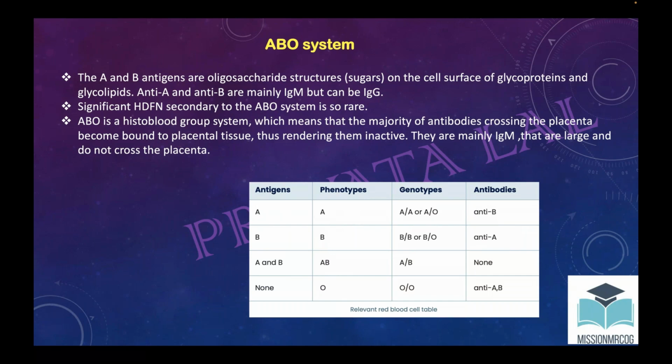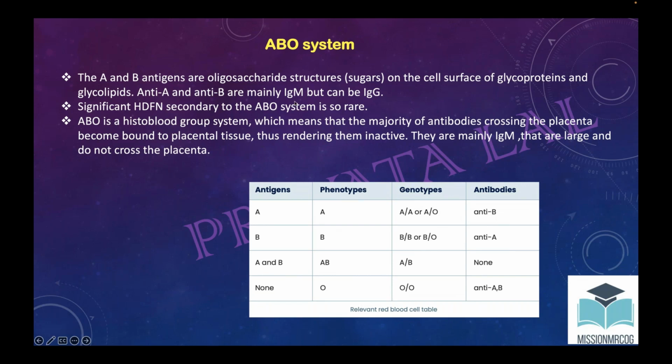And out of these, A and B are the antigens, the structure is oligosaccharide, and they are on the cell surface of glycoproteins. The antibodies that would be formed against these antigens, that is anti-A antibody and anti-B antibody, are IgM, not IgG. But very rarely it could be IgG. So mostly they are IgM.